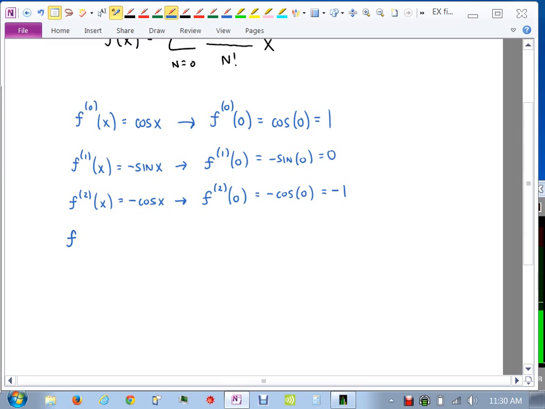So the third derivative of x is sine x, right? So the third derivative at 0 is sine 0, which is 0. And then the pattern repeats, right? So the fourth derivative is going to give us 1, and then the next ones, 0, negative 1, 0, dot, dot, dot. So that's our pattern.